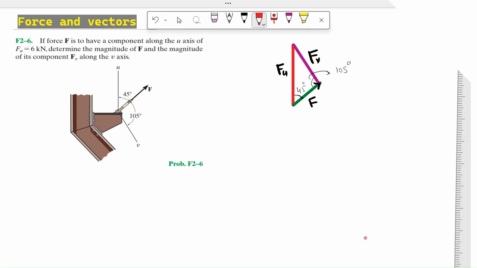I will determine this angle, and by applying the sine law, we can get the value of the resultant force and Fv, the component along the V axis. Now I will zoom in on this figure and determine this angle and then apply the sine law. We also know the value of Fu, which is 6 kilonewton, given in the question.